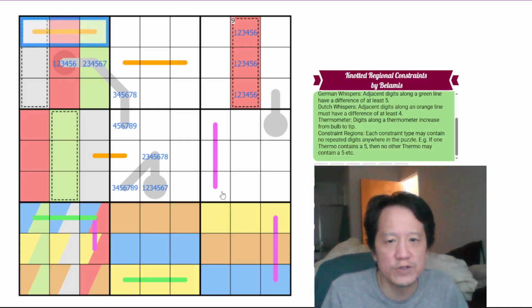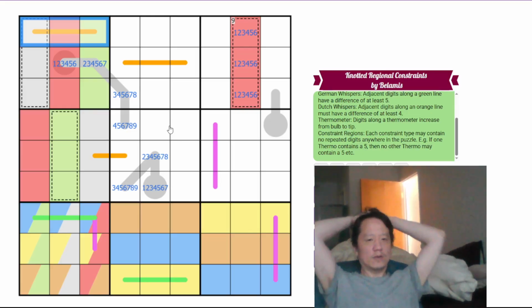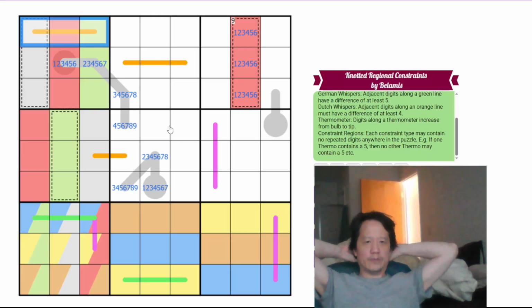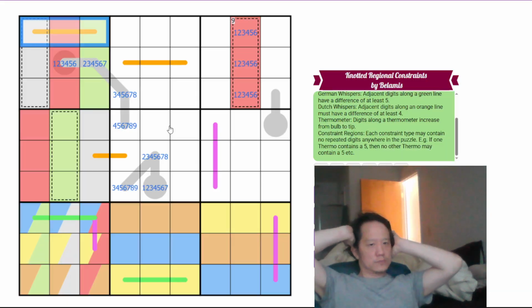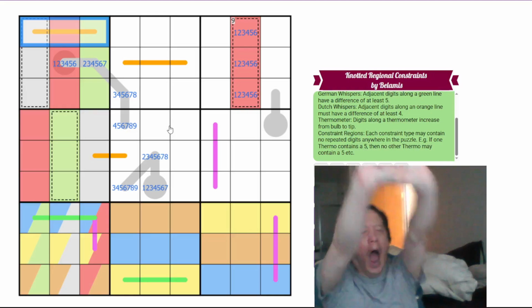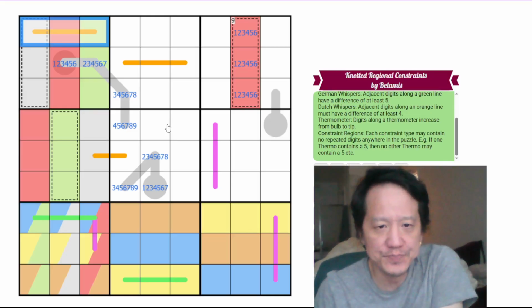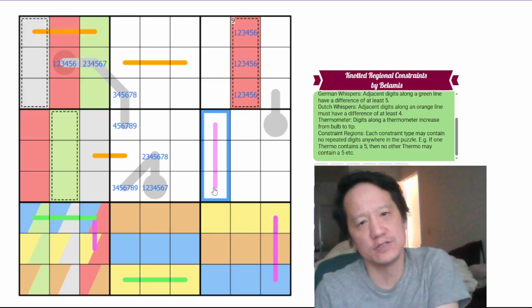We have the same with these orange ones, right? And we have the same with these Ren bands. Oh, that's interesting.